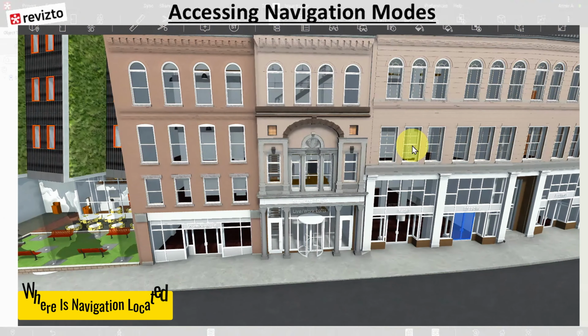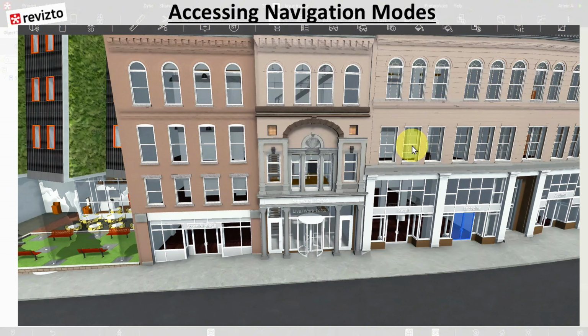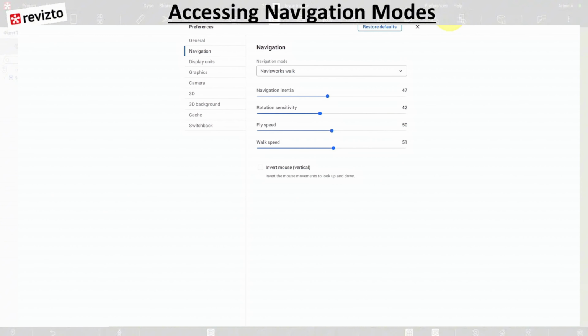In today's episode, learning Revizto, we want to take a look at the navigation. I want to show you how to navigate within the software and also what the navigation modes are that you can use. In order to access them, just go to the preferences on top. If you go to navigation, you'll be able to access the navigation mode.